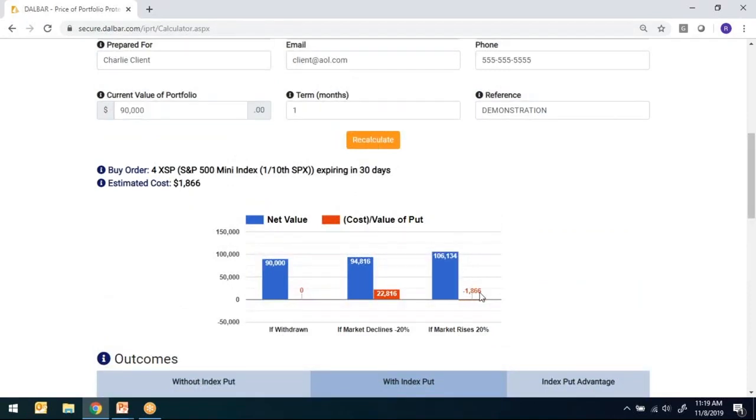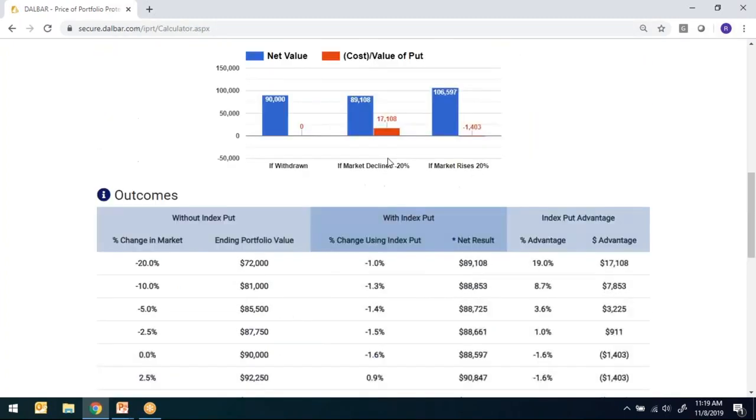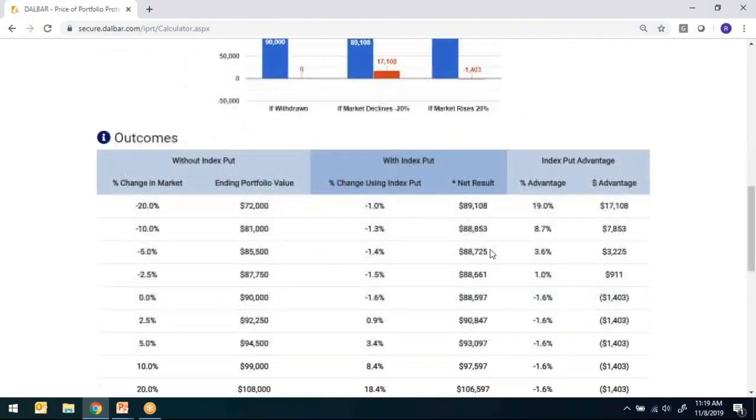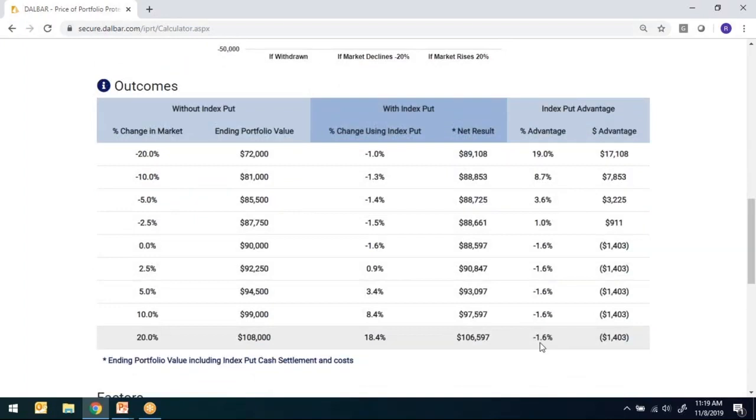Again, right now, the 4 contracts was $1,866. If we bring that down to 3 contracts, the premium goes down to $1,403. So now from 2.1% to 1.6%, the losses are now capped at an even lower amount in this case. The most that they will lose in this case is 1.6%.